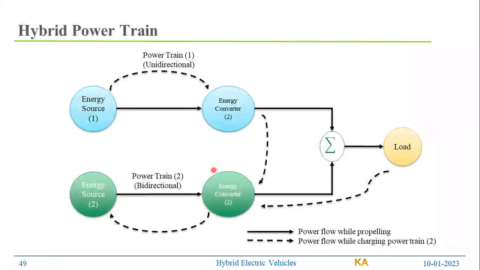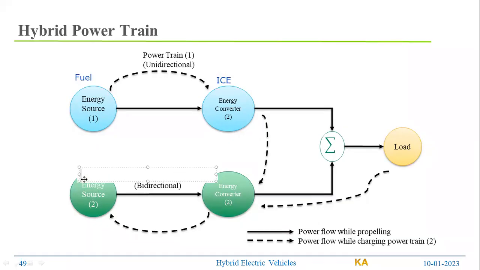So for example, consider a scenario where I have two energy sources, as shown here. One I can call a fuel based energy source, and the converter can be like an IC engine, which converts chemical energy into mechanical energy.